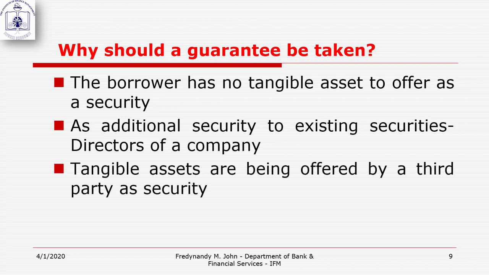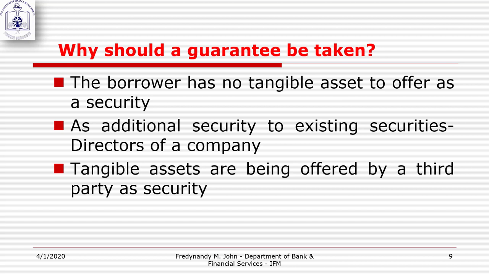Then another reason is that a tangible asset is being offered by a third party as security. Again, here you need to treat this aspect with precaution. Tangible asset being offered by a third party, that is to say, the primary security that has been offered to serve as the collateral for this loan does not really belong to the borrower, the principal debtor.